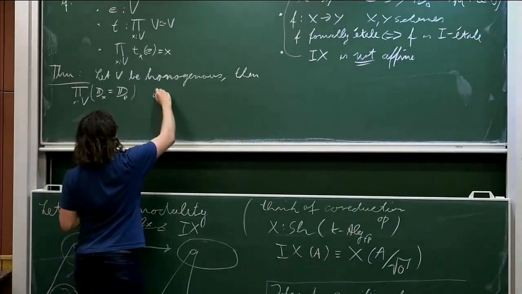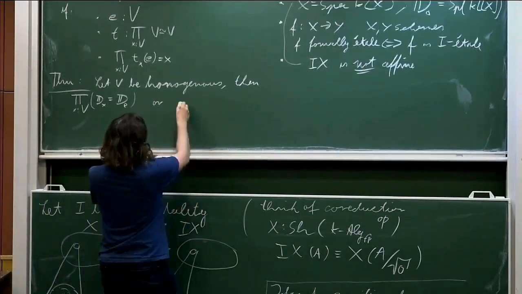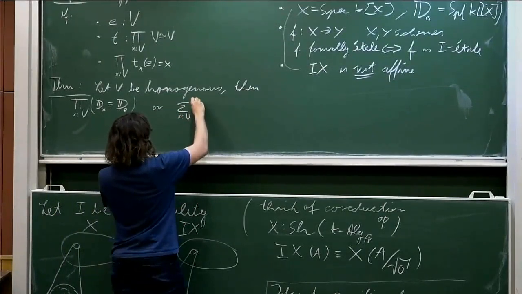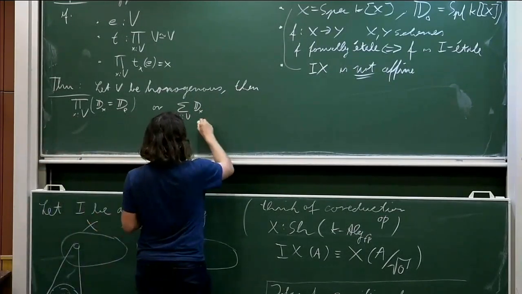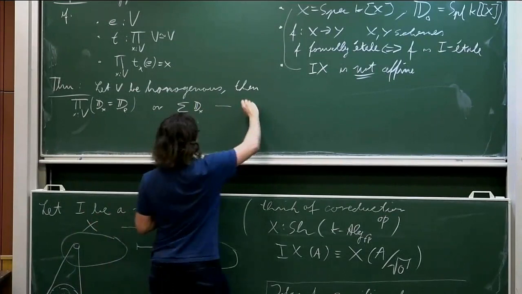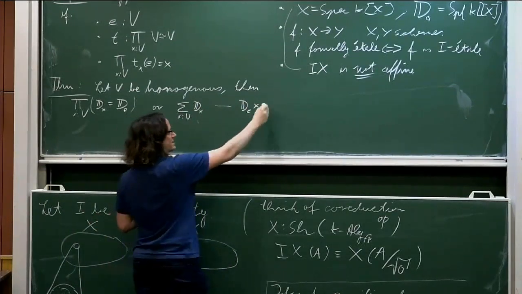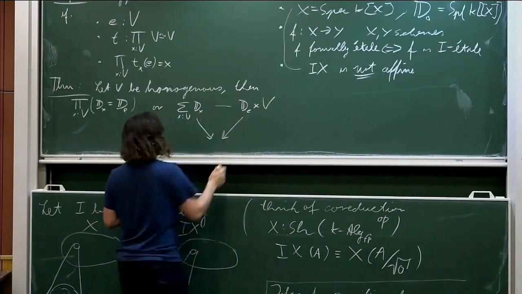Or another way to state it, which might be a bit more normal in some sense, is if I take the bundle of all formal disks, so the formal disk bundle, I can compare it to the trivial bundle. So I just take the formal disk at some point, and this will actually be the same.